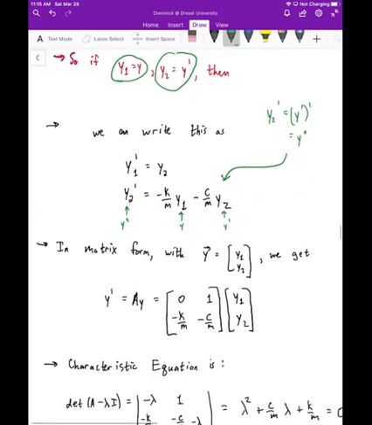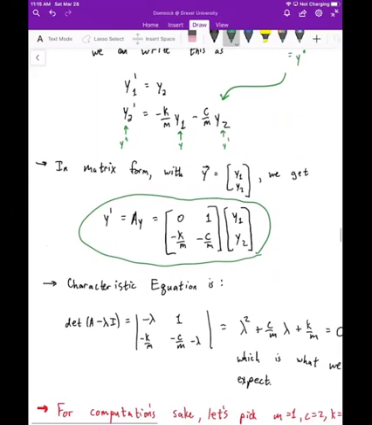So now if we want to represent this in matrix form, right, again, with your vector y as your solution vector, then you have a system that looks something like this. All right, and of course, how do we solve something like this? We've shown it a couple times now that this is just equivalent to solving an eigenvalue problem.